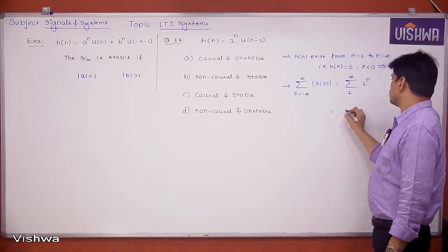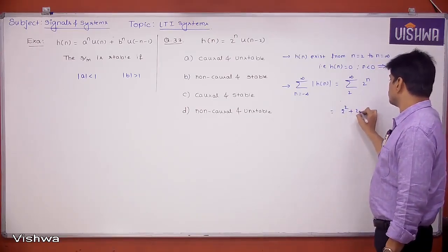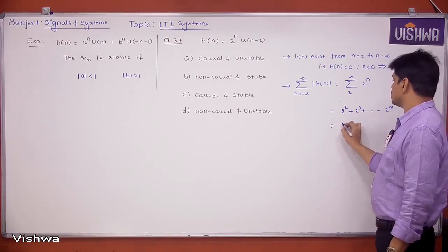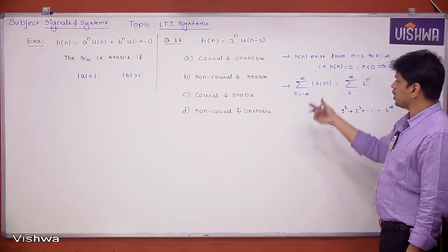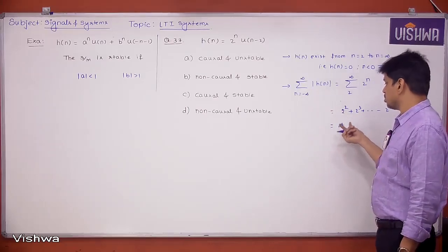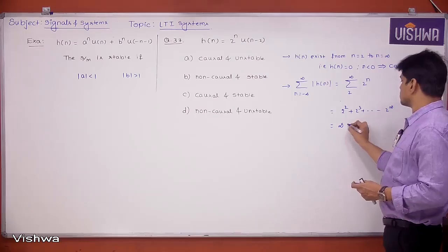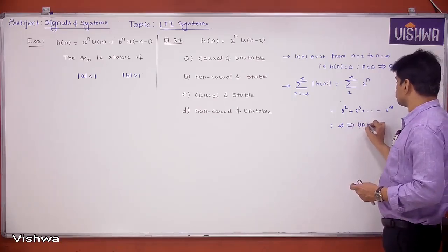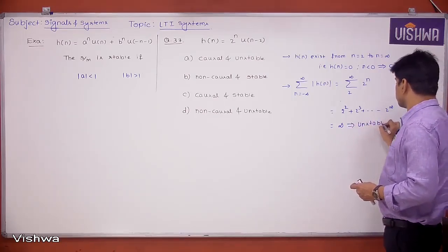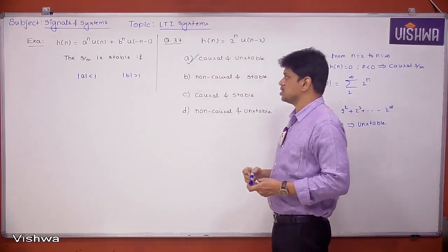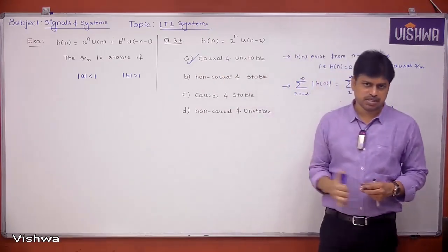So this is nothing but 2 square plus 2 cube plus and so on up to 2 power infinity. This value is infinity. So it is not absolutely summable because it became infinity. Whenever it becomes infinity, the system becomes unstable. So it is a causal and unstable system.